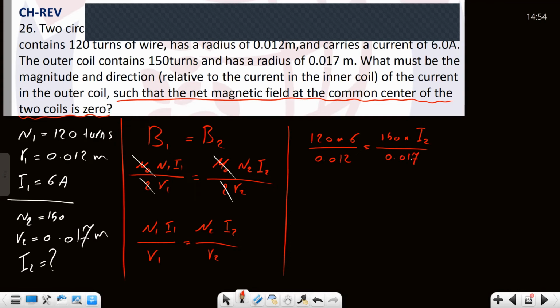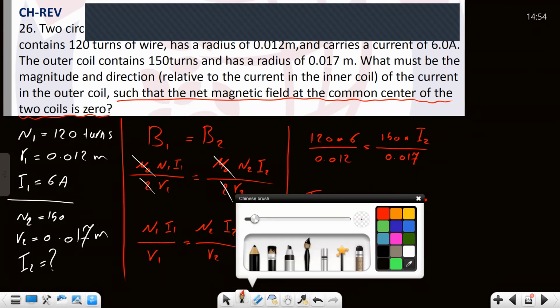So now you can just use the calculator and find out the I2. It's equal to 6.28 or 28 something amperes, if I'm not mistaken. So it's a bit higher than this one. Now, what must be the magnitude and direction? We found the magnitude. Directions, you can simply say opposite of the I1.